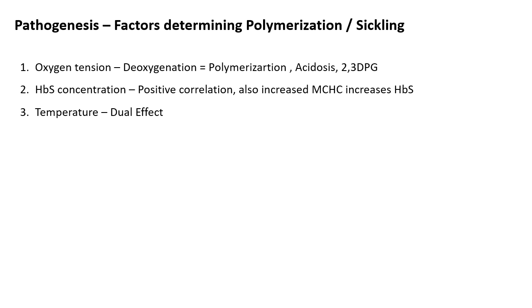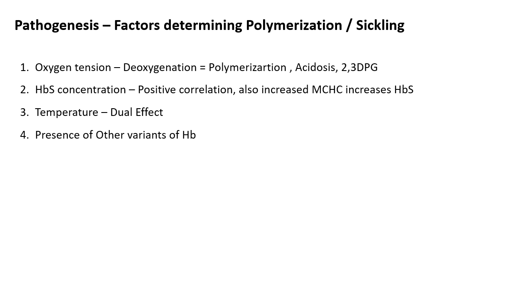That is, this factor does not prevent sickling in vivo. These can be done experimentally but does not happen actually in the human body. However, decreased temperature causes vasoconstriction, and this is postulated to increase the severity of sickling. That is, although the lower temperatures decrease polymerization, because of vasoconstriction, the severity of sickling increases.